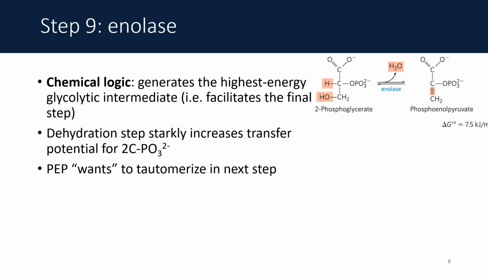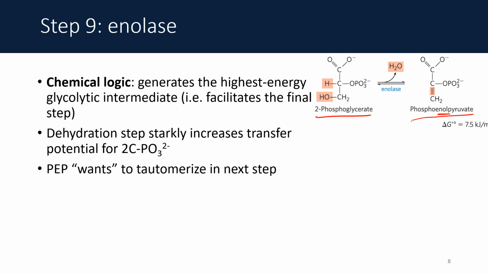The finish line is drawing closer by the minute, I promise. Step 9, enolase, will catalyze the second to last step of glycolysis. And as the name suggests, enolase will take our 2-phosphoglycerate and convert it into a phosphoenol, specifically phosphoenolpyruvate.